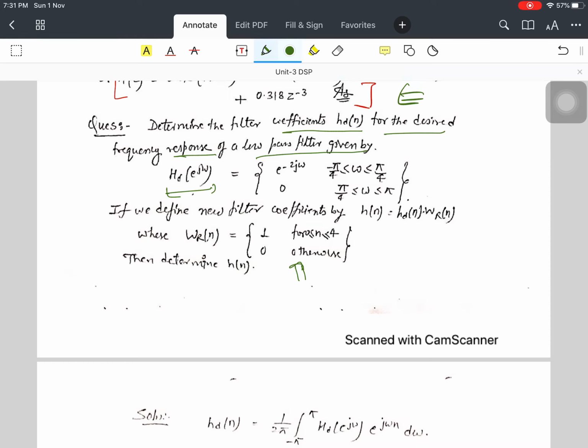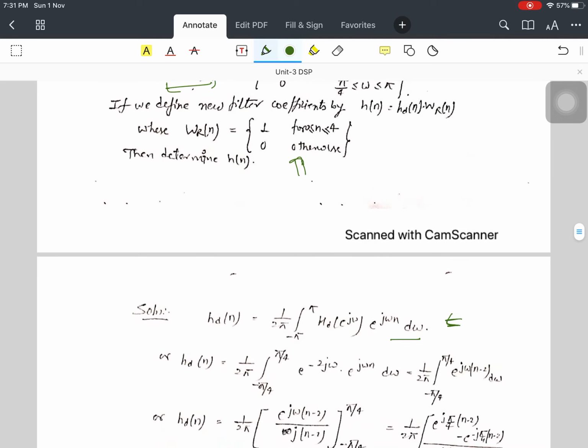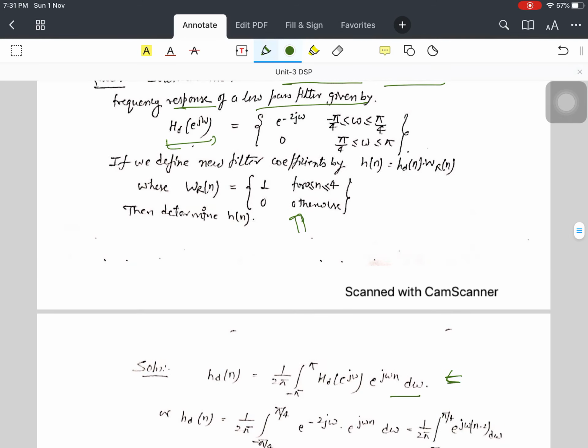Same as we calculated above, firstly we know the generalized formula of Hd(n): Hd(n) equals 1 upon 2 pi integral from minus pi to pi of Hd(e to the power j omega) e to the power j omega n d omega. And the limit is given in this function, minus pi by 4 to pi by 4.